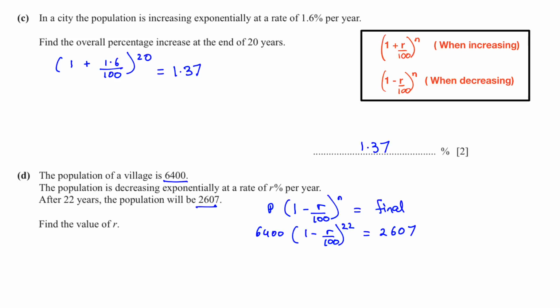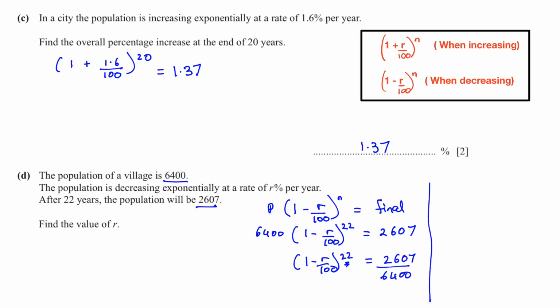So basically you have to make r the subject. To do that, we will first move the 6,400 to the other side. And then we will remove the power.